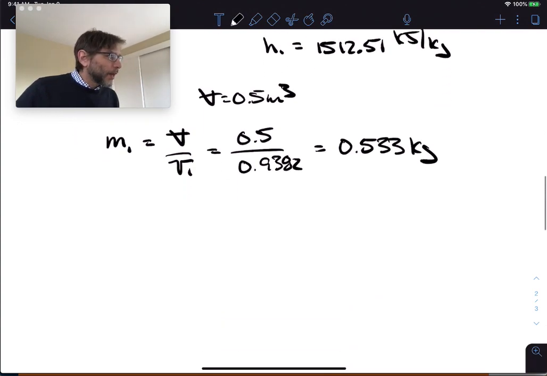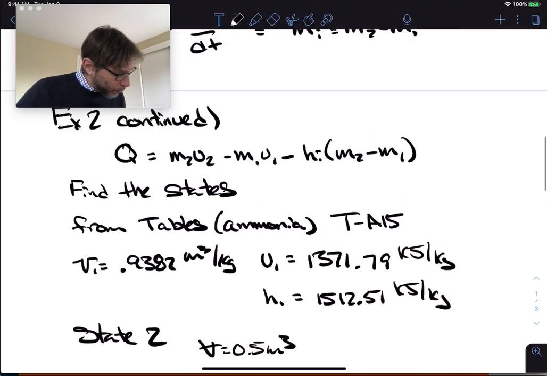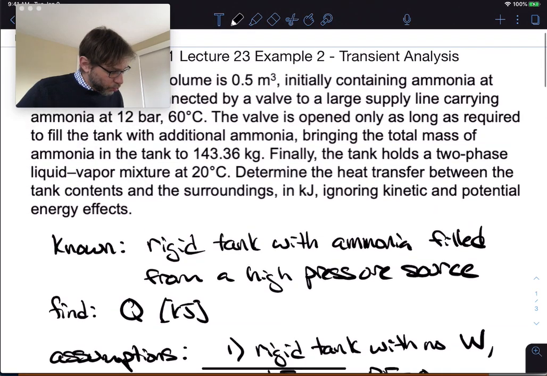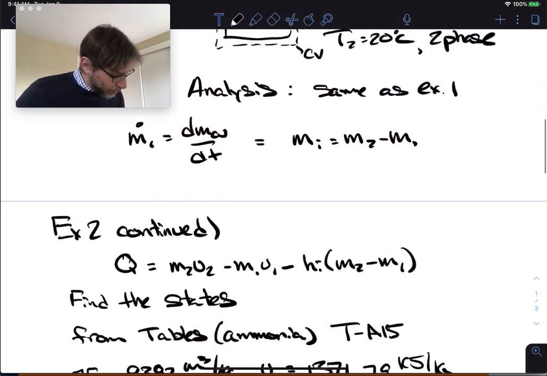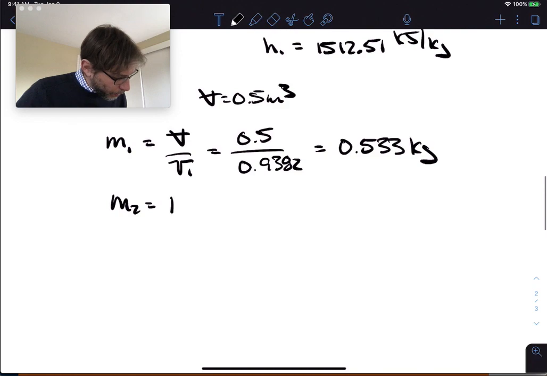Then m2 is known, 143.36, a very accurate number.